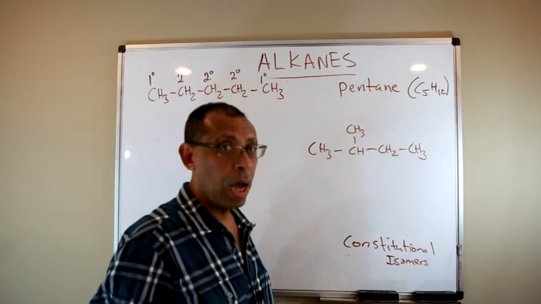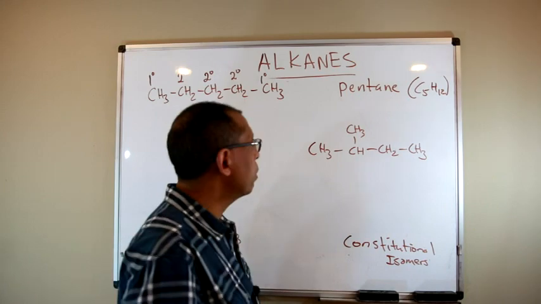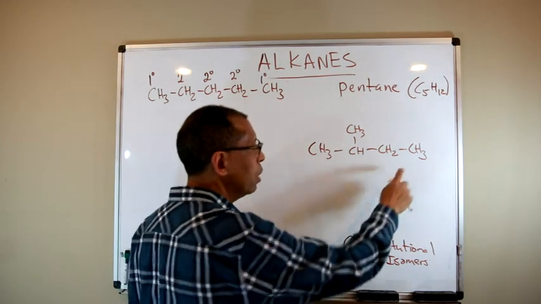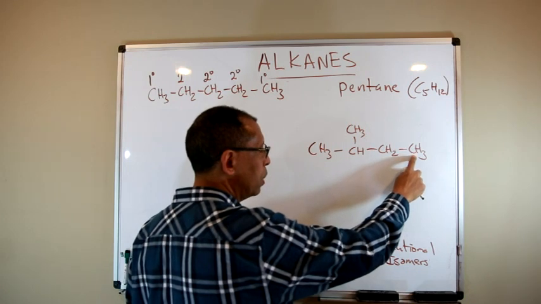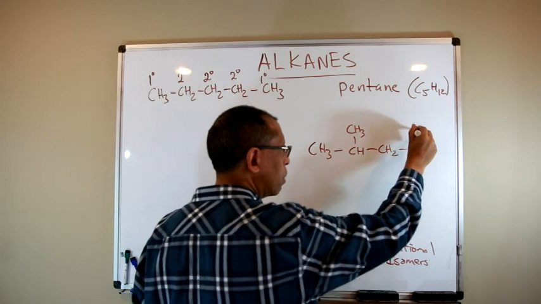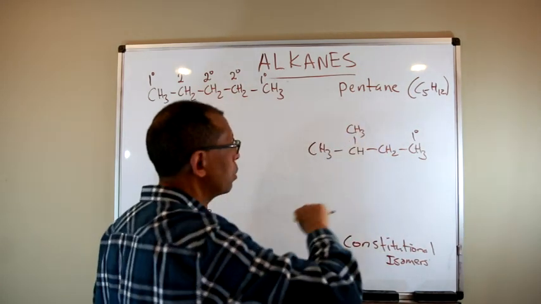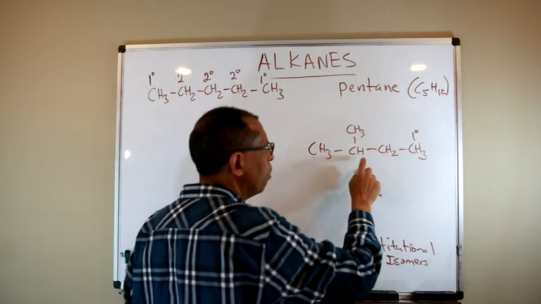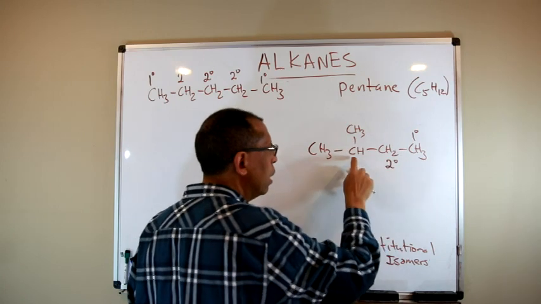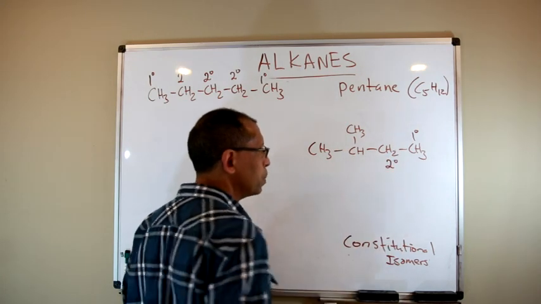The more branches you have, you have to be careful. Your carbon might not be primary, or it might even be tertiary. This carbon is attached only to this carbon, therefore this methyl group at the outskirt would be a primary. But this carbon right here is a secondary because it is attached to two carbons.